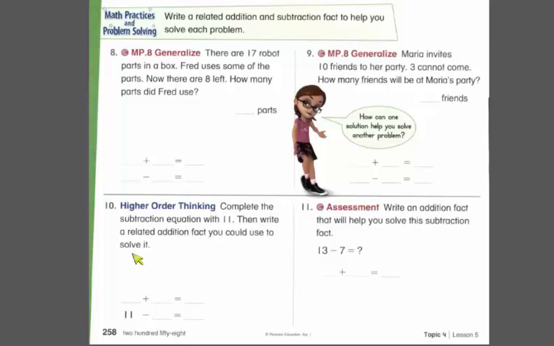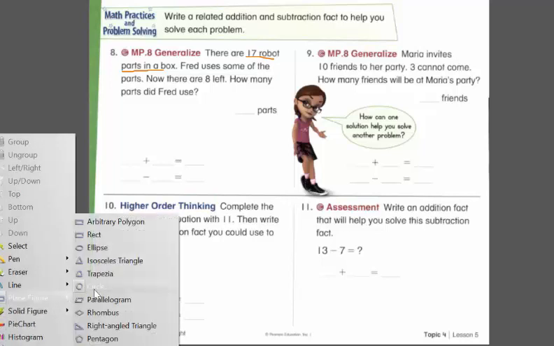So again, underline the information. Here we know that there are 17 robot parts in a box. So what is the whole? The whole is 17. Draw the bar model.